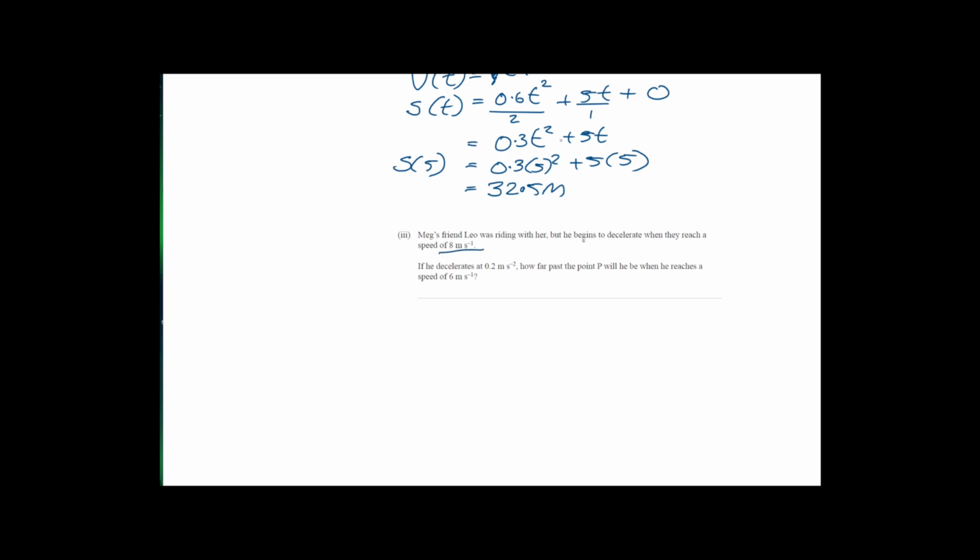He covered a distance of 32.5 meters, and his initial velocity from when he starts slowing down was 8 meters per second. So this is the initial distance.